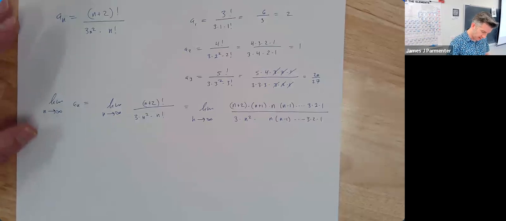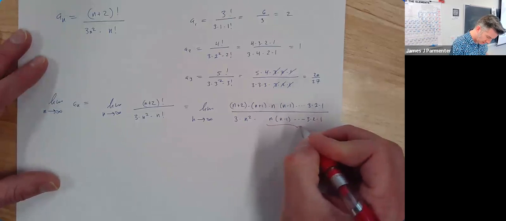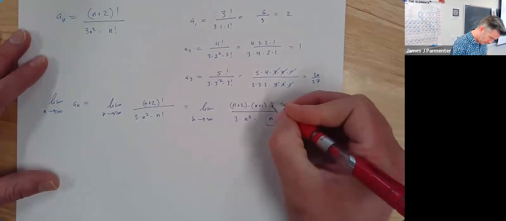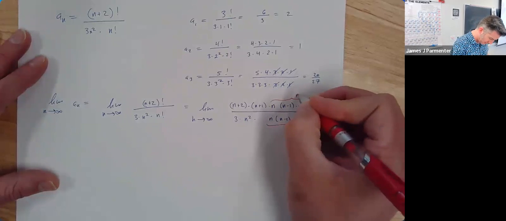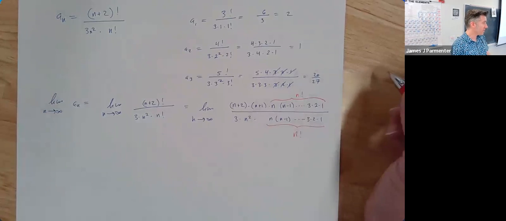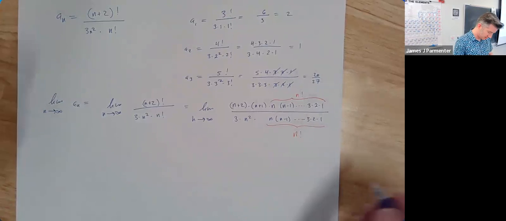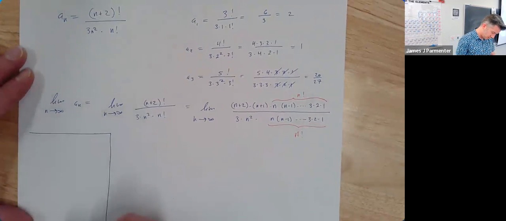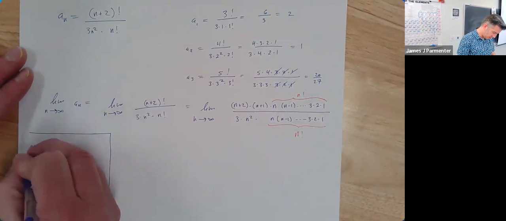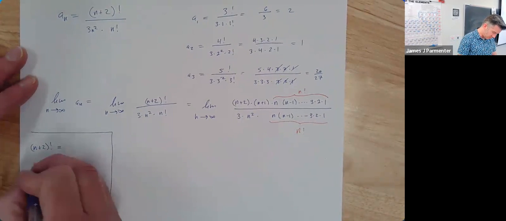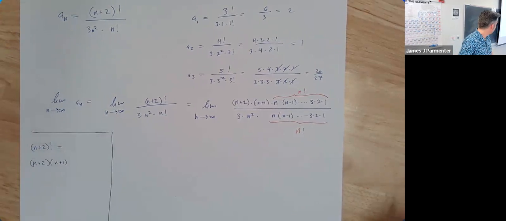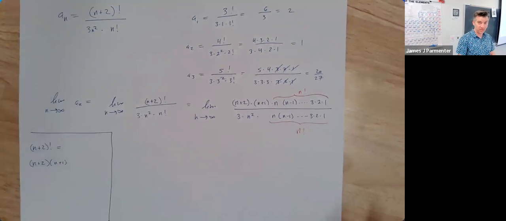I will point out that this part right here, n factorial, and this part right here, which is also n factorial, those definitely do cancel out. Another way of saying this, (n plus 2) factorial is equal to n plus 2 times n plus 1 times the rest of the terms, which is n times n minus 1 times n minus 2, all the way down to 3 times 2 times 1.